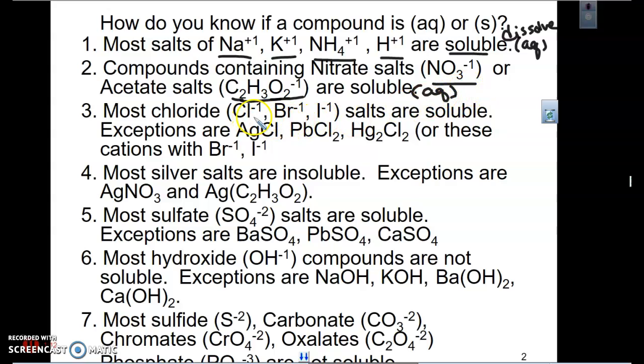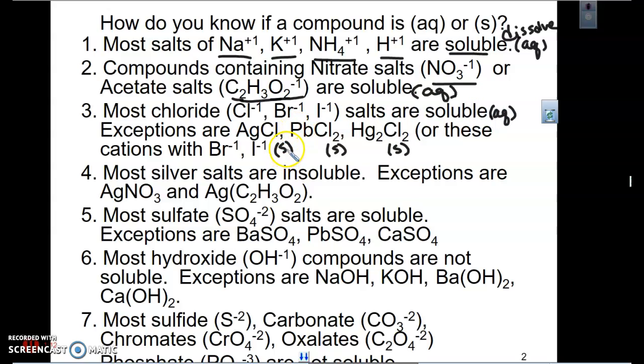If you have a chloride salt or a bromide or an iodide, generally those are soluble. Now there are some exceptions that we really have to know about, and those are silver chloride, lead 2 chloride, and mercury 1 chloride. Those three are not going to be soluble, so they're going to form precipitates. So you would put a solid for these, whereas any other chloride, bromide, or iodide you'd put AQ for.